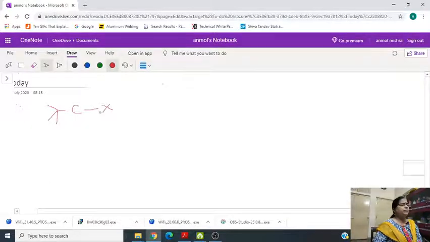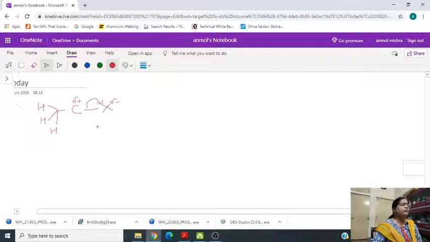This is the alkyl halide. The simplest one is methyl halide. Now you can see that the halogen X is more electronegative. It will attract the bond pair towards itself and thereby acquire a partial negative charge, and the carbon will acquire a partial positive charge. So, due to that this bond becomes polarized.